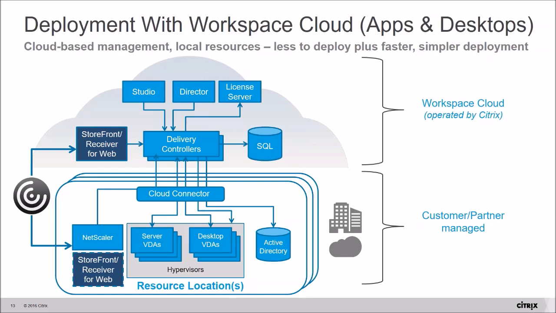So from an end user perspective, if I was using the web receiver, I'd be logging into a single page, launching perhaps 3 or 4 different applications from 3 or 4 different resource locations, some of those public, some private cloud, some traditional on-premise out of my own data center. From an end user's perspective, where those applications run is completely transparent to me.